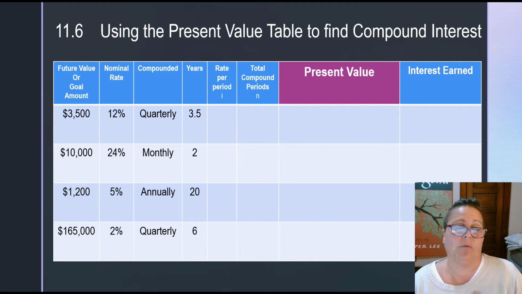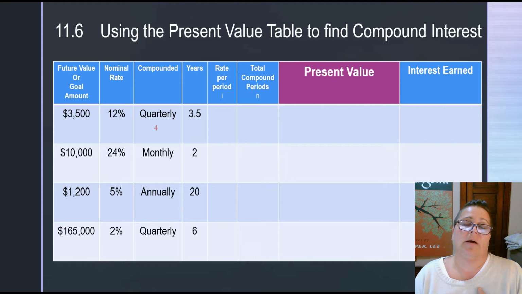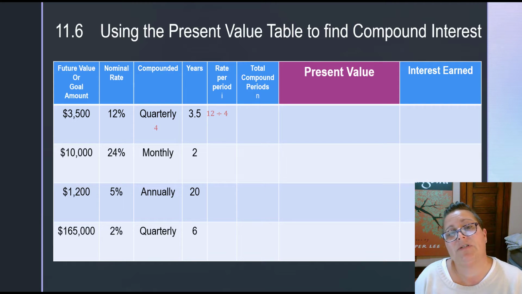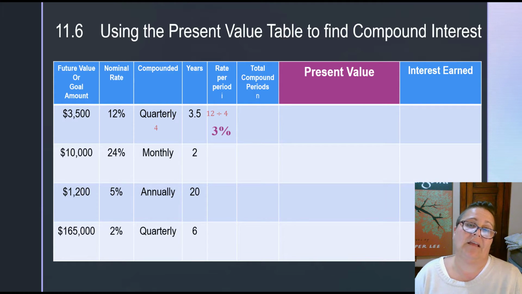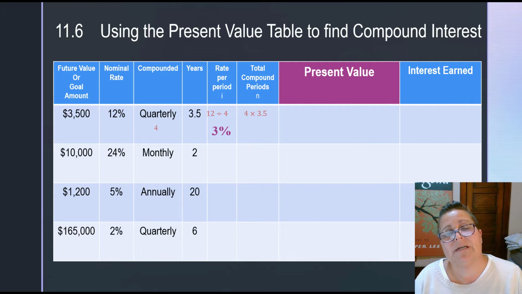Using the table, I'm going to find the I value by recognizing that quarterly means I'm doing 4 compounds a year. I'm going to take that 12% interest rate and divide it by 4 to get a 3% interest rate. Total number of compounds would be 4 times the 3.5, or 14. So on the present value table, I'm going to go down to the 3% column, and I'm going to go across 14 periods. And at that intersection, I should find 0.6612.